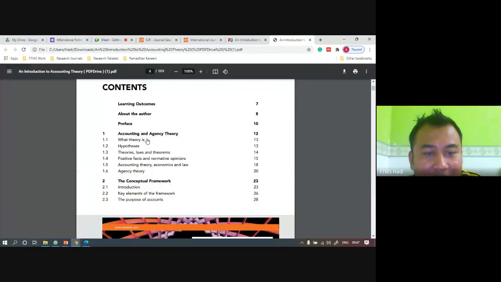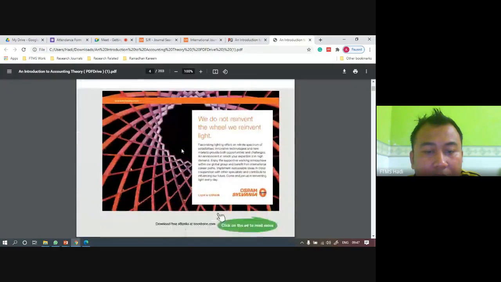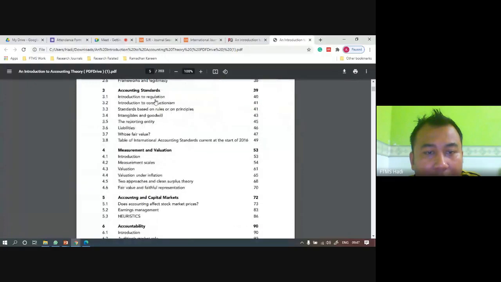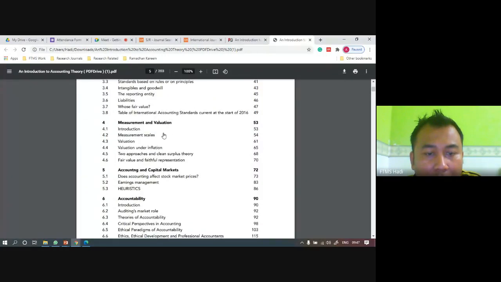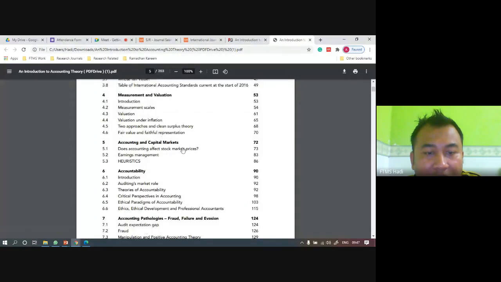For example, agency theory. There is one topic that you can do related to agency theory for accounting students. And then probably you can go for accounting standards. Or probably you can go for this one if you're a finance student.